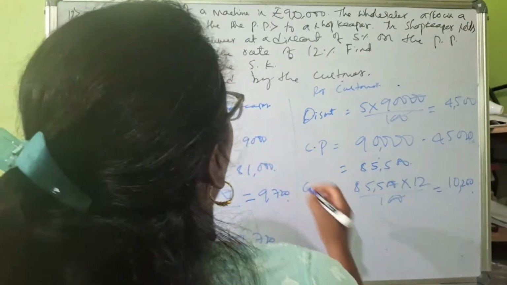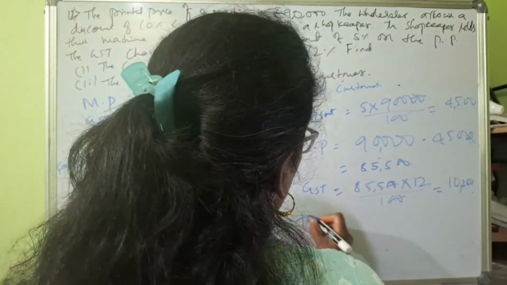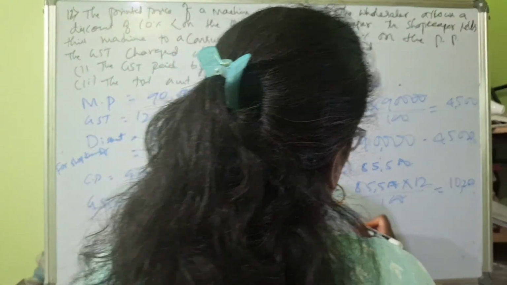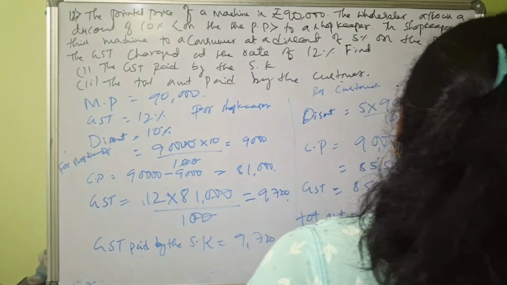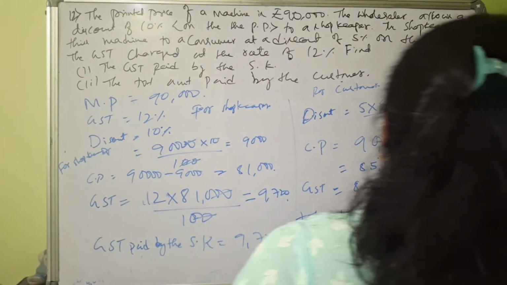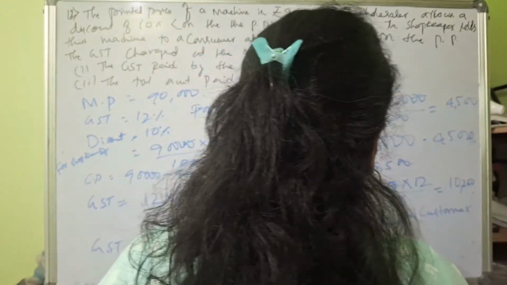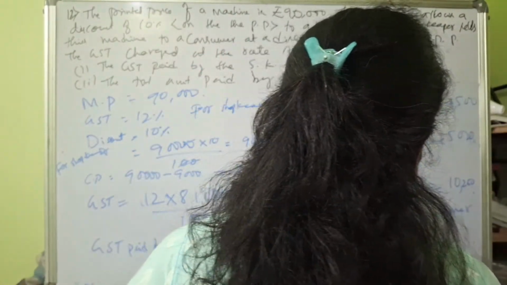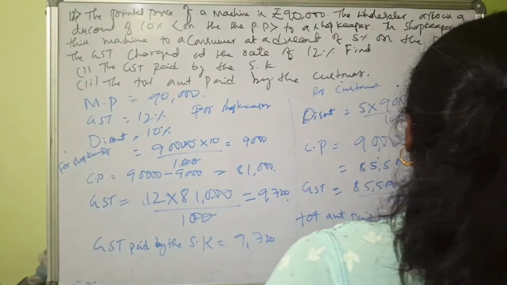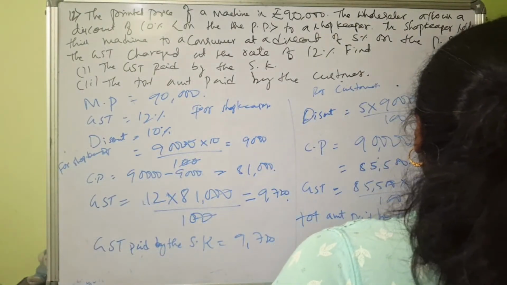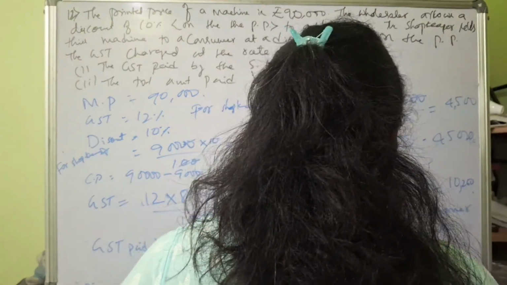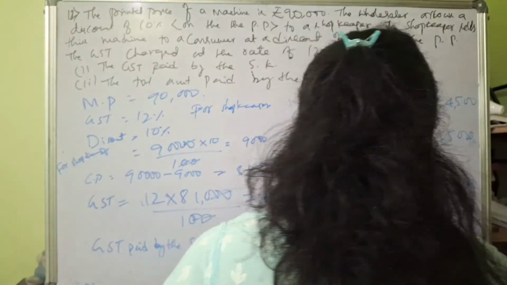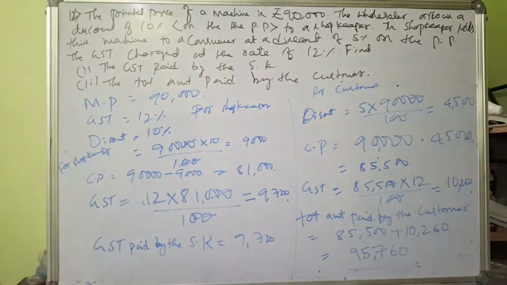So we have to find the total amount paid by the customer, which is equal to 85,500 plus GST, that is 10,260, which is equal to 95,760. This is the total amount paid by the customer.